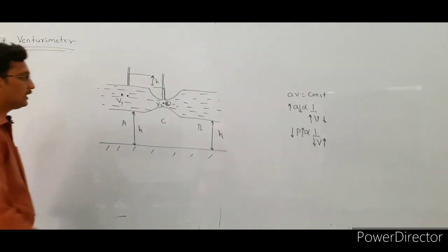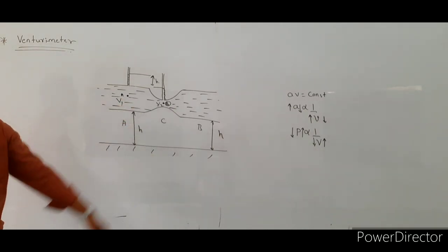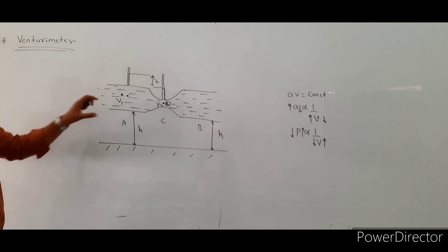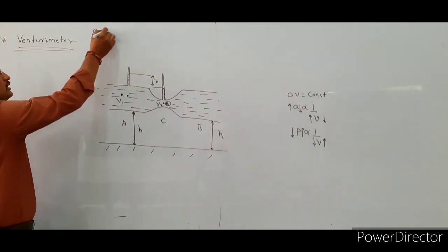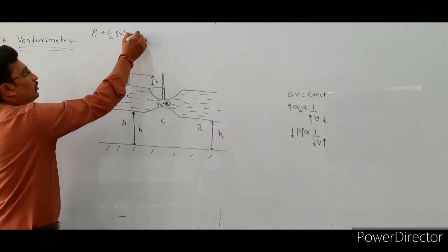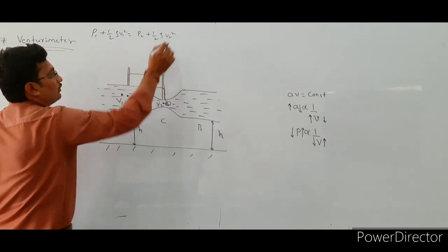Okay, see here, next we are going to apply Bernoulli's theorem at point A and at point B, right? So already we know Bernoulli's theorem for a horizontal pipe, that is P1 plus 1 by 2 rho V1 square equal to P2 plus 1 by 2 rho V2 square, right?